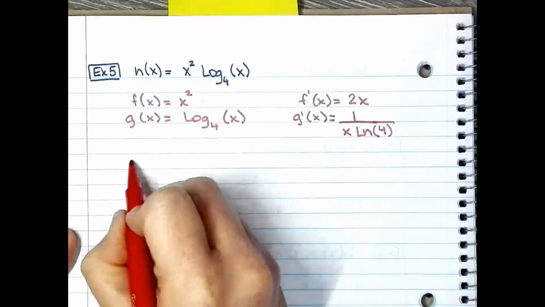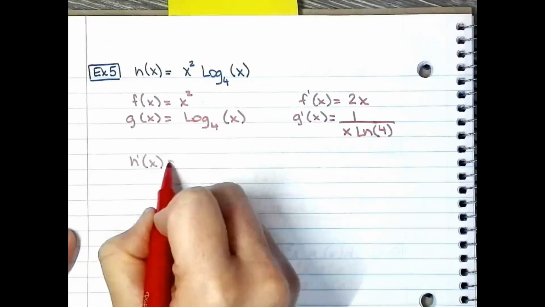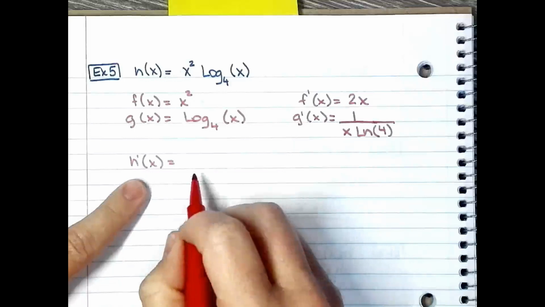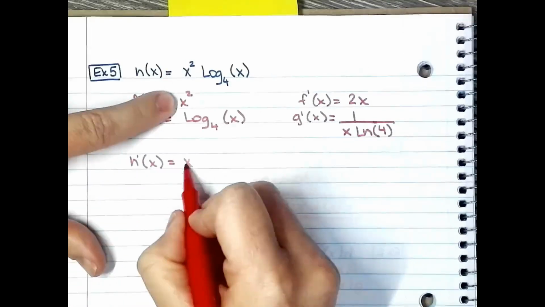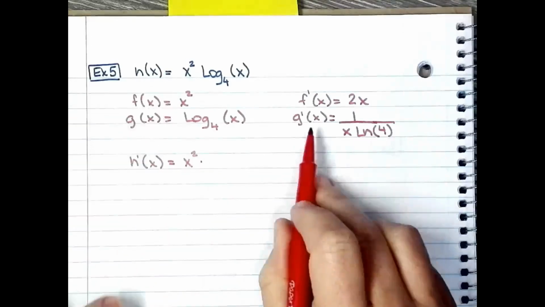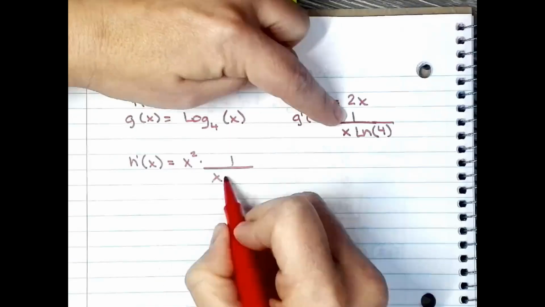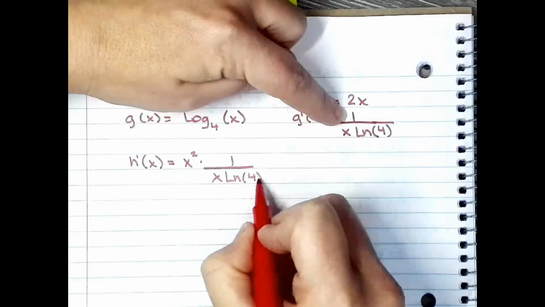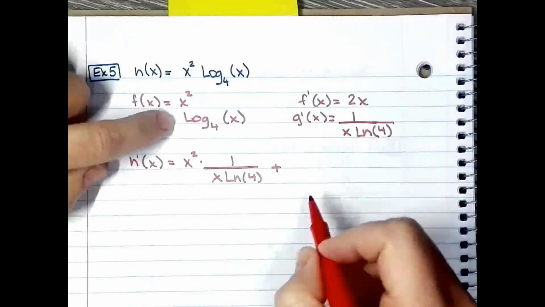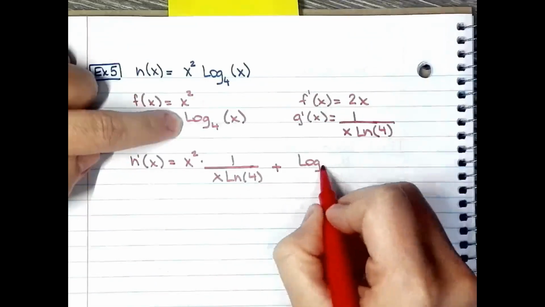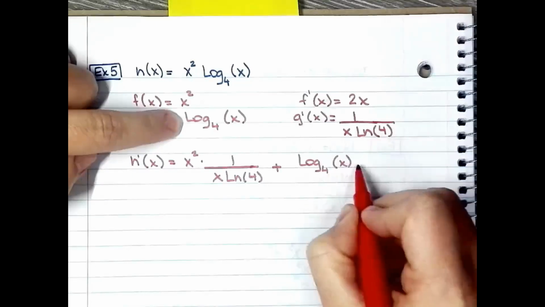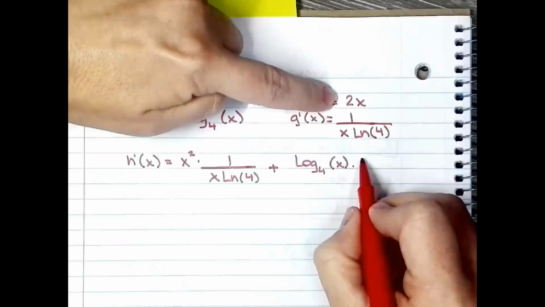Okay. So f, right there, x squared. G prime, right there. Plus g times f prime.